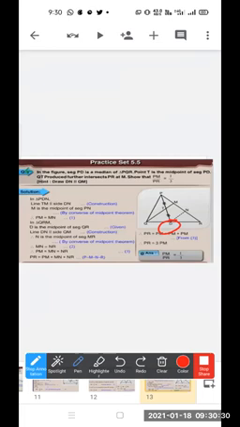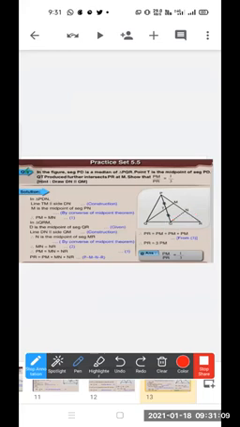Therefore DN is parallel to QM. Why? By construction. We have to write the reason, by construction. So by converse of the midpoint theorem, we can write N is the midpoint of MR. If you compare these two conditions, 1 and 2, what you will get?